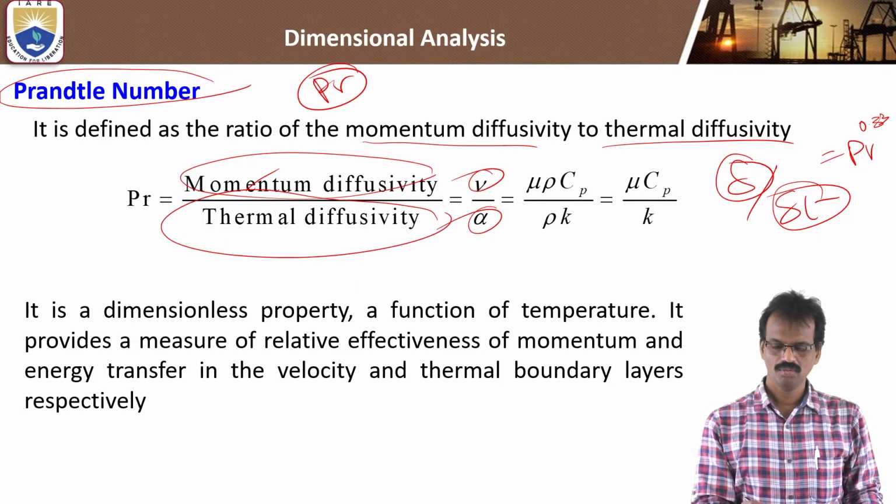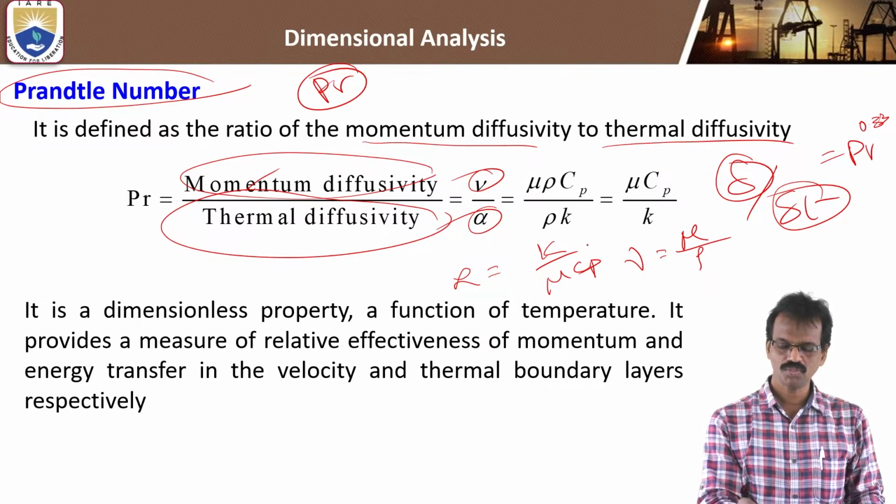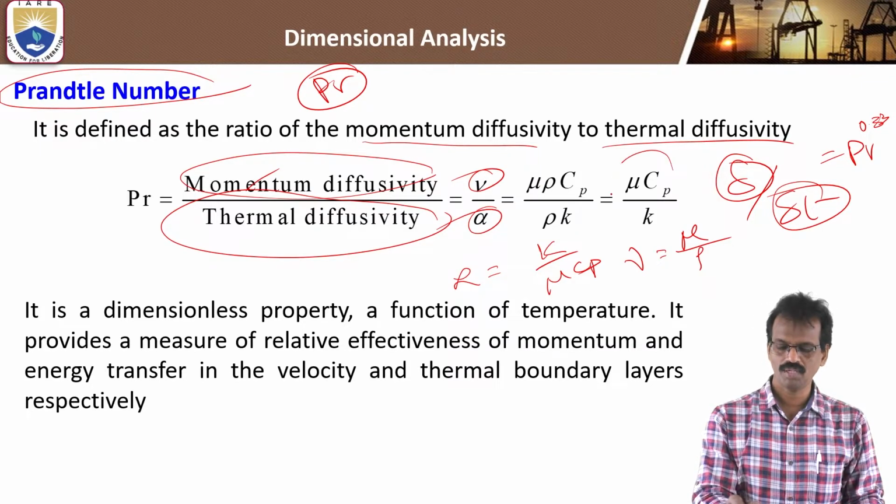So the formula: alpha is equal to k by mu cp, and kinematic viscosity is equal to mu by rho. So this is the formula. If you substitute these formulas, you will get the final value.